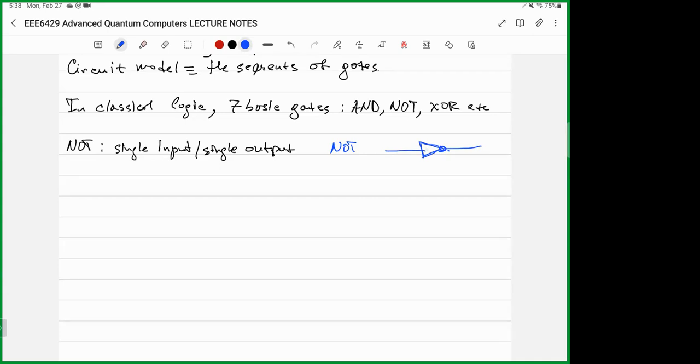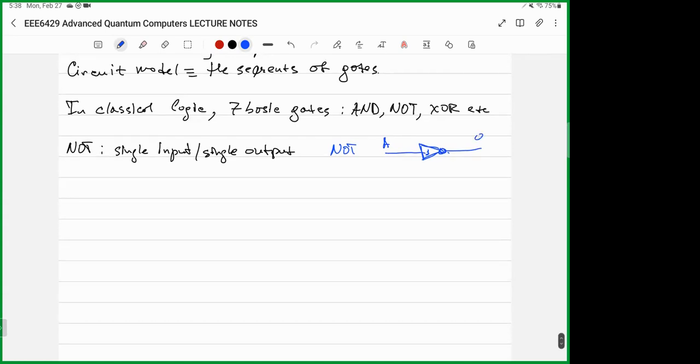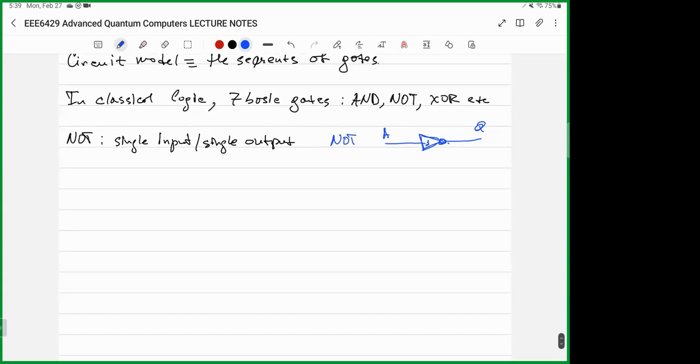Sometimes we put 1 inside, and if we denote this input and output A and Q, we can construct the truth table.